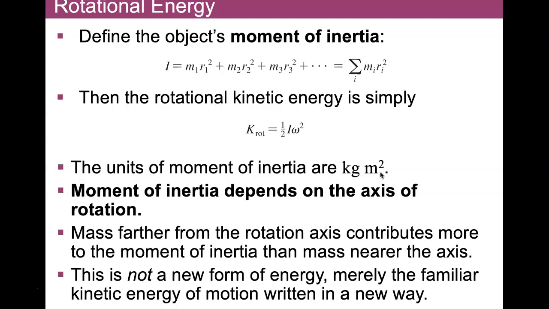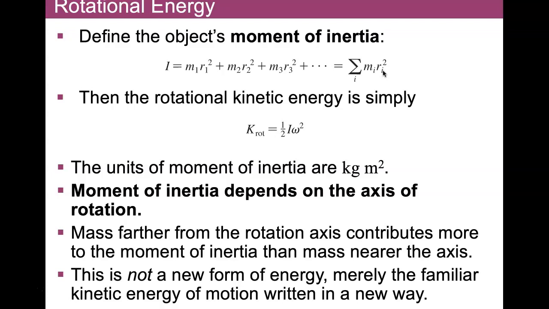Importantly, it depends on the axis of rotation. All these distances were measured from the axis of rotation. It's a quantity that's defined for an object and an axis. It's not just uniquely determined if you know what the object is. And as you can see, masses that are farther from the rotation axis contribute more to the moment of inertia because of that factor of r squared, distance squared.